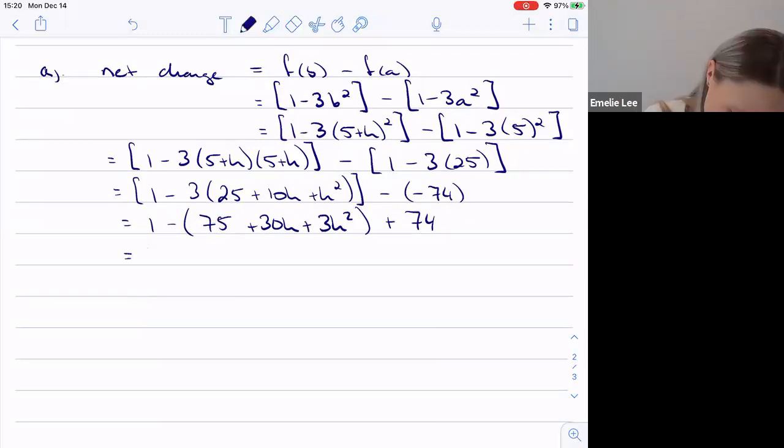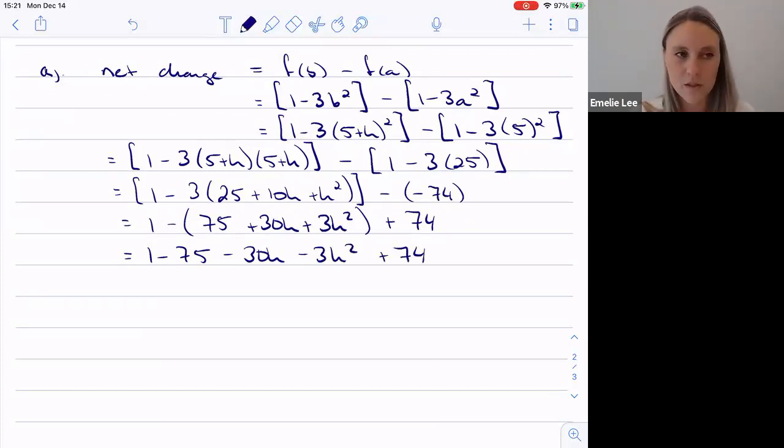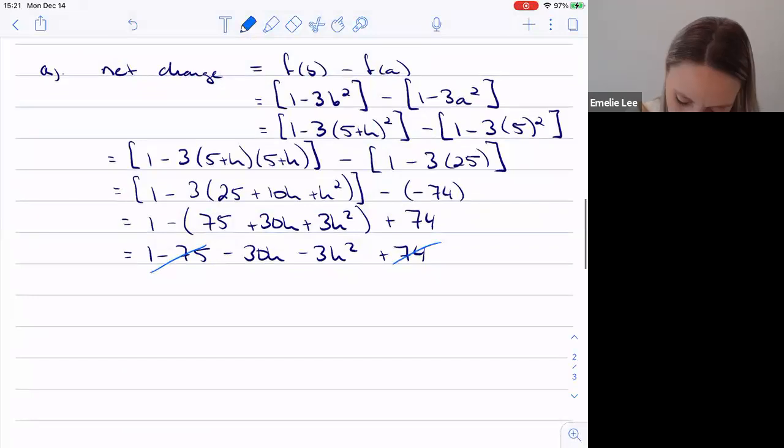So I get 1 minus 75 minus 30h minus 3h squared plus 74. So it looks to me like here, 1 minus 75 is negative 74 plus 74. So those will dissolve away. So I'm not even going to bother with those. I'll just cross them off right away.